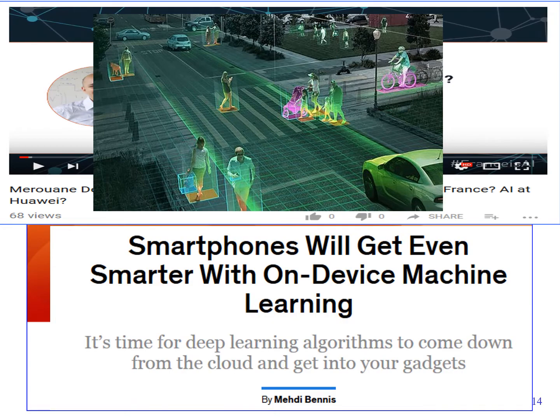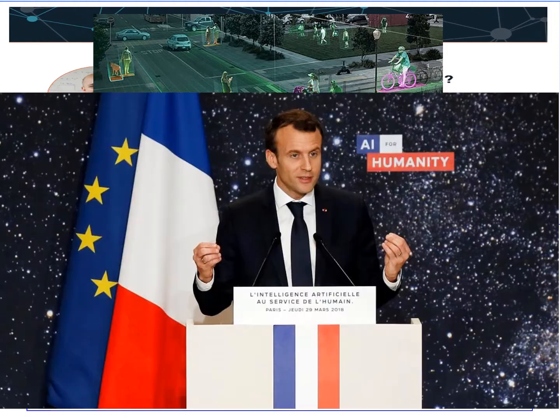And then, of course, this is more towards our work here, where we saw big interest in moving the intelligence from the cloud to the devices, right? So instead of carrying out machine learning in a centralized manner, why not do it in a totally distributed manner, which opens up a whole new research agenda that we will cover also in this class. So again, pushing machine learning towards the edge.